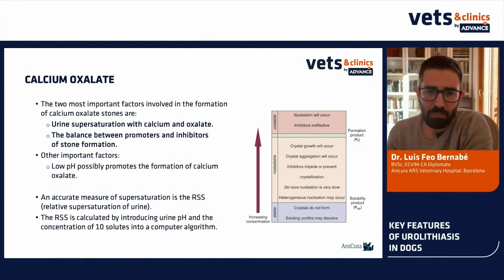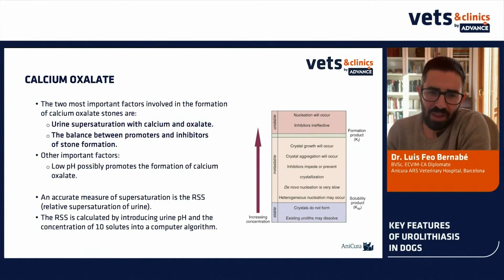Just to briefly mention that an accurate measurement of supersaturation is the RSS, or relative supersaturation of urine, that you can find in some of the diets. They give you a value that is probably useful.